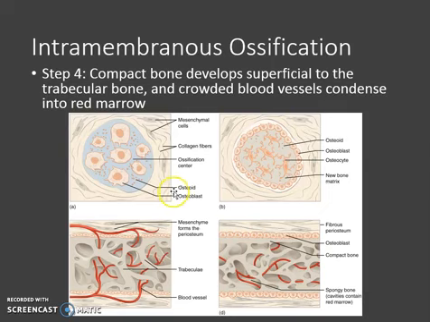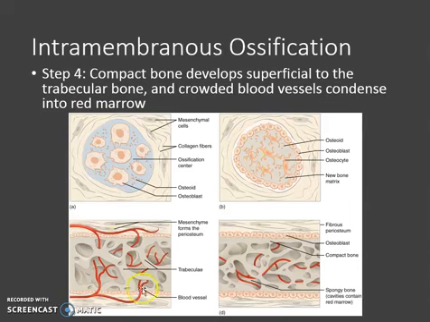So in summary, you start with mesenchymal cells that produce an ossification center. They're laying down this undifferentiated tissue as a framework. Then you have osteoblasts that start secreting the extracellular matrix, and the osteoblasts become known as osteocytes once they have secreted matrix all the way around them.